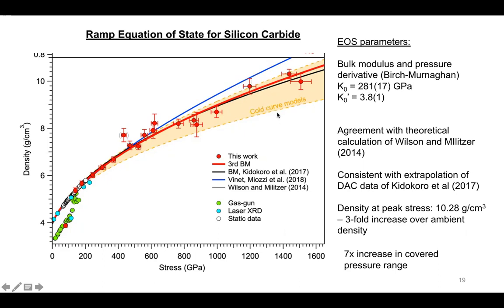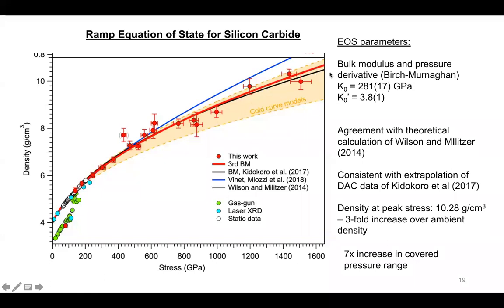So there's quite a wide band. Ours are consistent with the highest densities here, consistent with these recent calculations from Burkhardt-Militzer's group. We can also test the two different diamond cell experiments. So our results appear to be in better agreement with the diamond cell data of Kitahara compared to another study. So that's another useful aspect of this data.